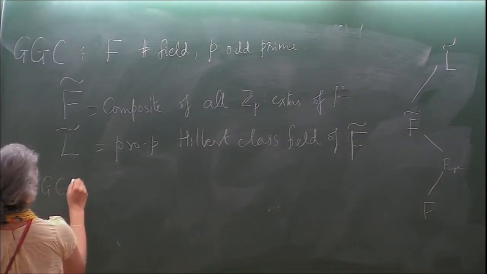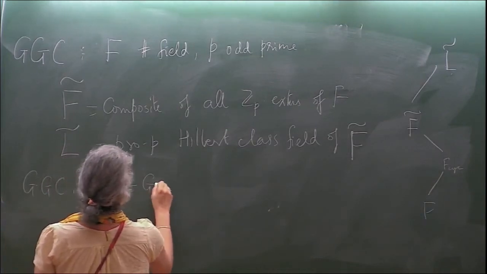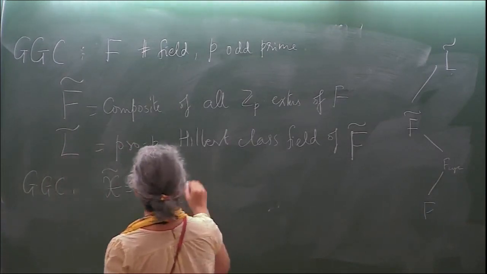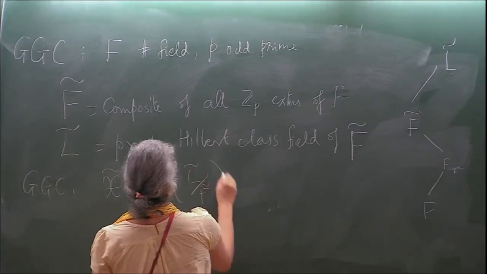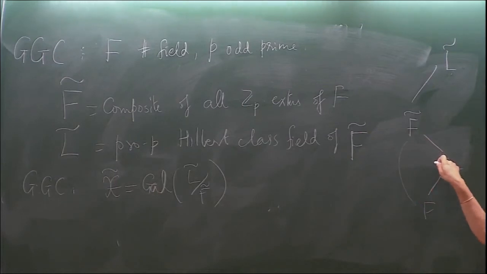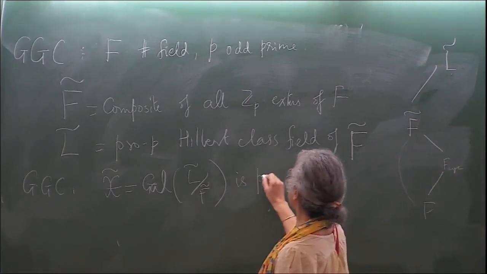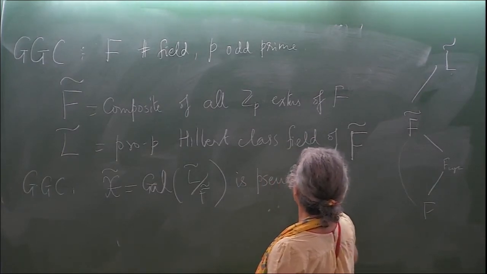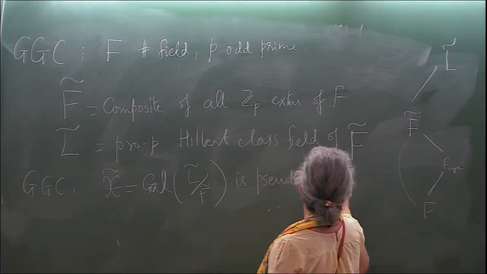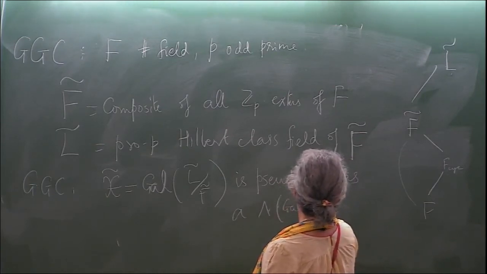So Greenberg's generalized conjecture says that, let me call this X tilde, which is the Galois group of L tilde over F tilde, which is now a module over this Iwasawa algebra, which is as many ZP extensions there are. So if there are R ZP extensions, this is ZP power series ring in R variables. So this is pseudo-null as a Galois group of F tilde over F module.